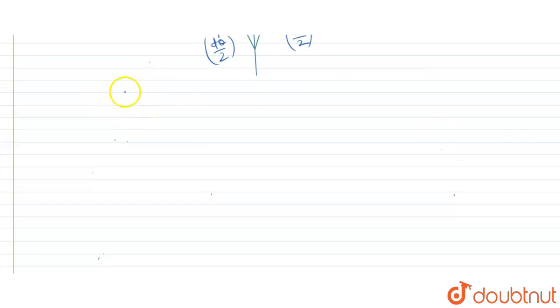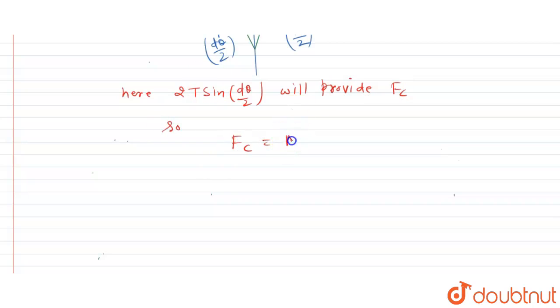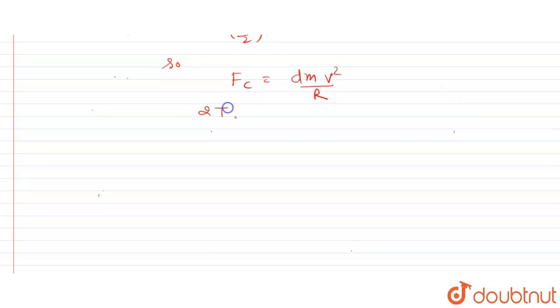Here 2T sine d theta by 2 will provide Fc, the centripetal force, which equals dm v square by r, since we have taken a small segment dm. So 2T sine d theta by 2 equals dm v square by r, where dm is mu r d theta, and the velocity is omega r, so v square is omega r squared, all over r. This is equation first.